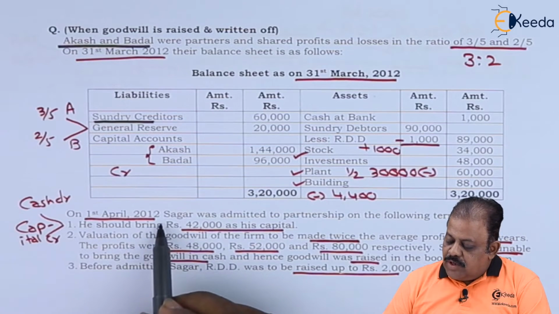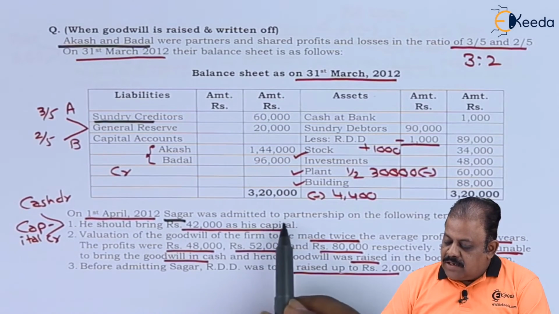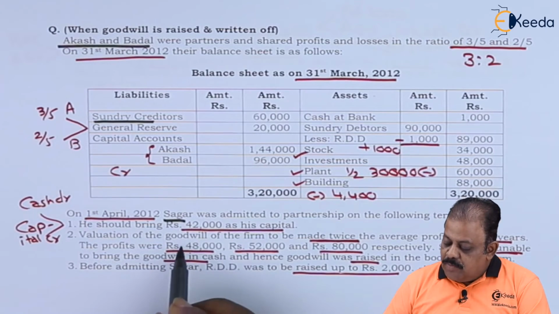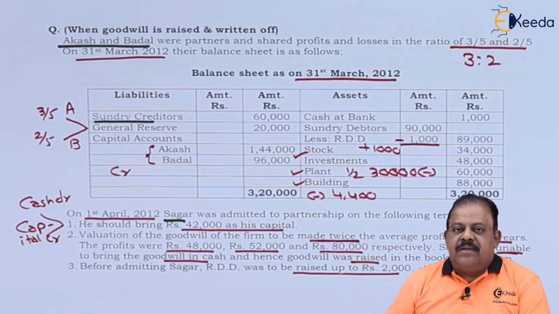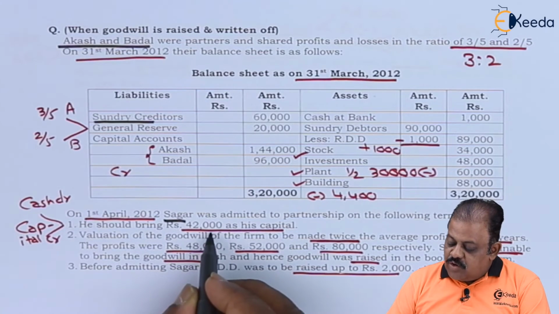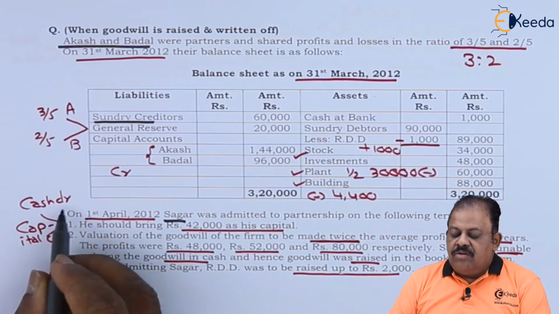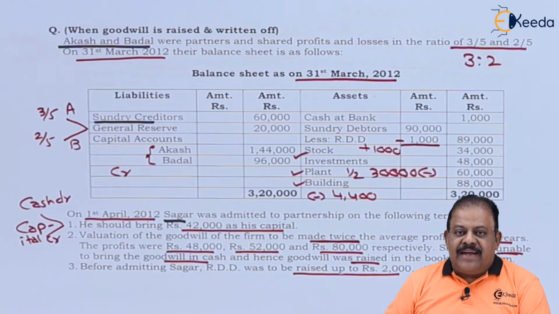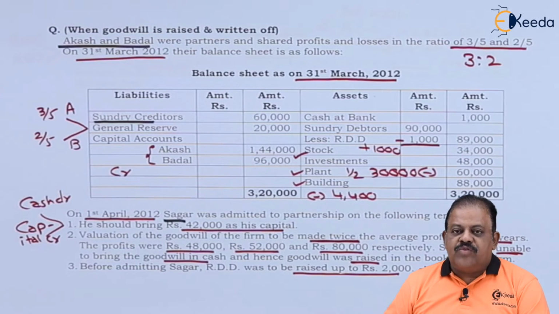On 1st April 2012, Sagar, the new partner, was admitted to partnership on the following terms. He should bring 42,000 as capital. This is an amount received by the business, so cash account will be debited and Sagar's capital account will be credited for rupees 42,000.